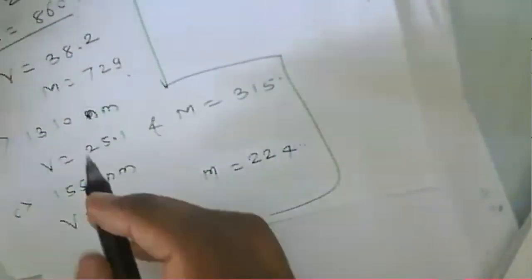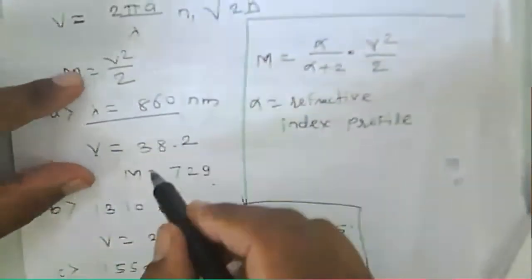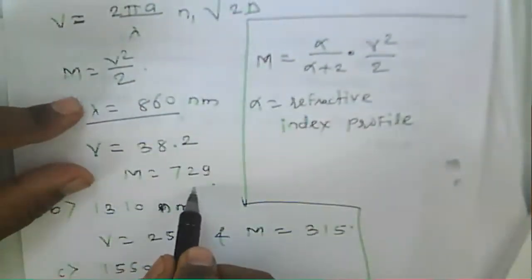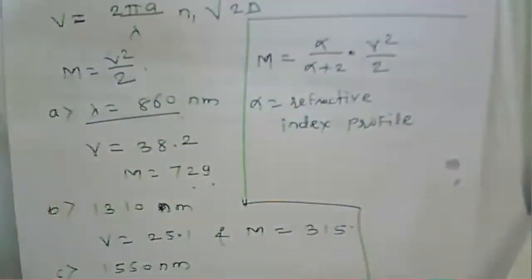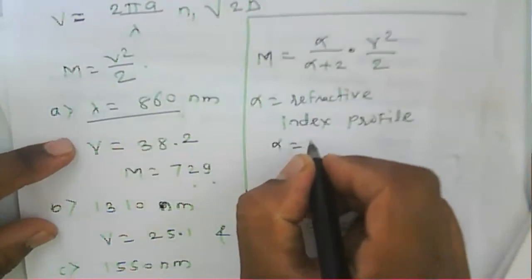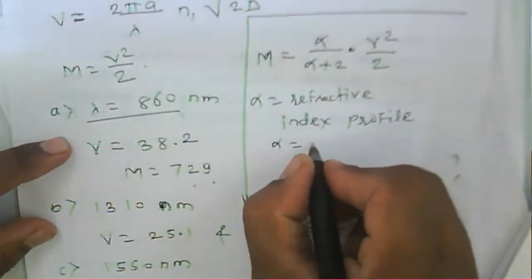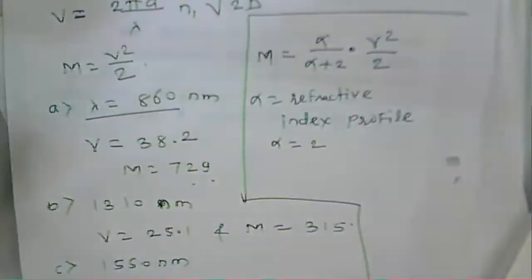Suppose we consider the same example, where we obtained m equal to 729, and right now I say alpha value is equal to 2. The alpha profile will be 2.